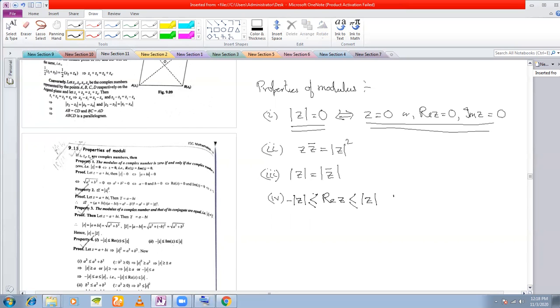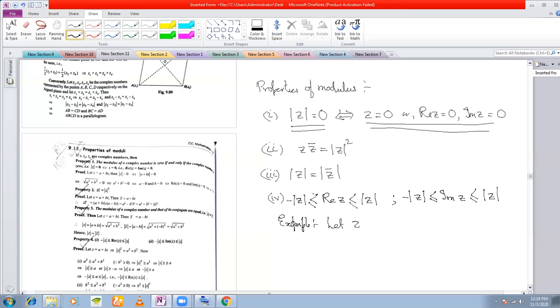Similarly, the imaginary part of this will always lie between the same limits. Now, what do you mean by this? Example.